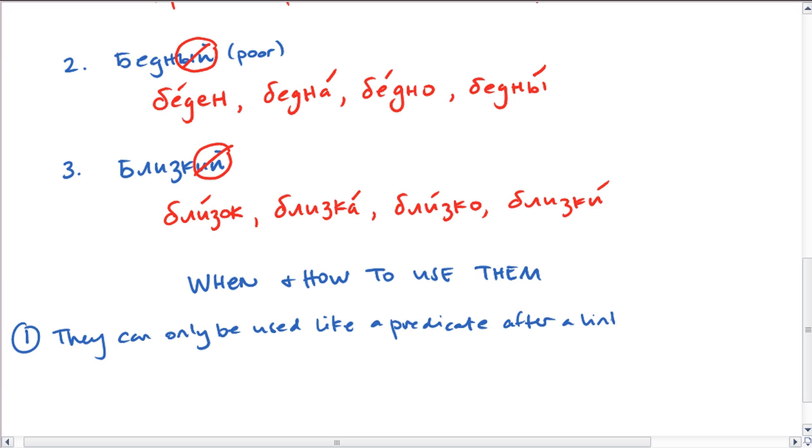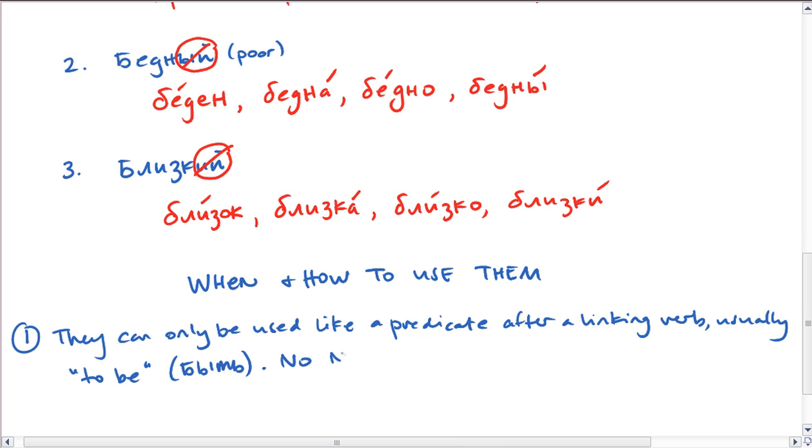After a linking verb, usually to be. Быть, right? Even if that быть is omitted in the present tense.